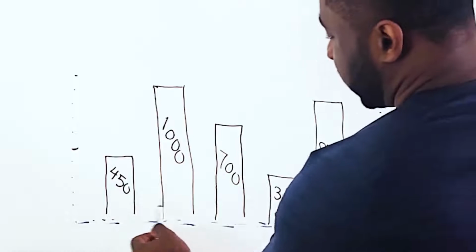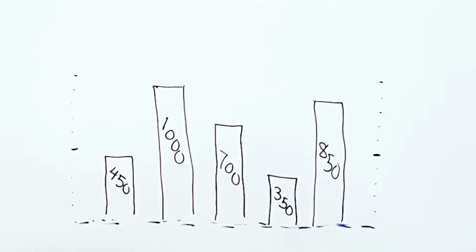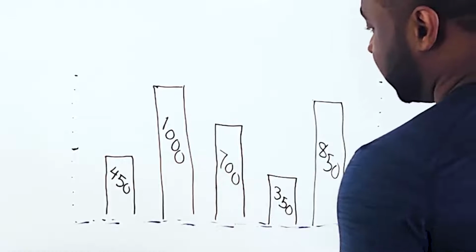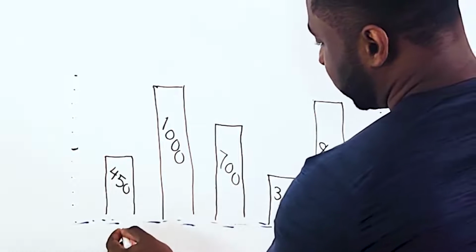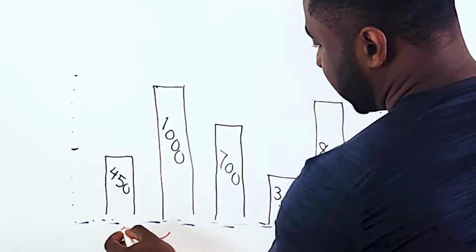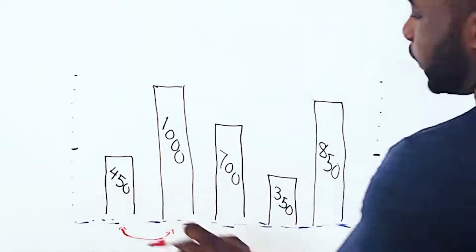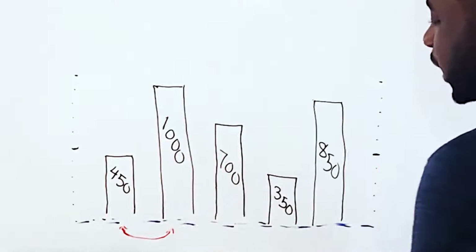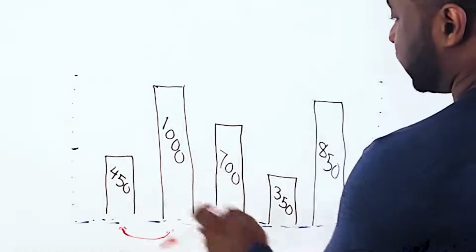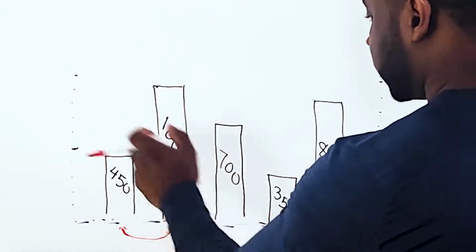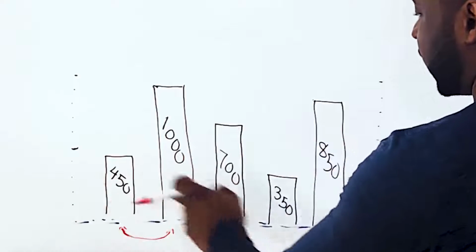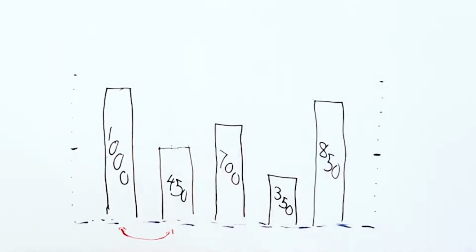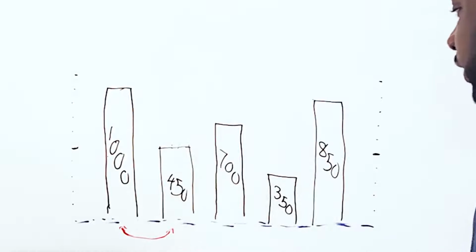And we're going to check that with the second item. We're going to first check to see if this item over here is greater than this item. And since this item over here is less than this item, we're going to swap it. So then the bigger item will go to the left and the smaller item will go to the right. Okay, so now we've successfully swapped these two items.